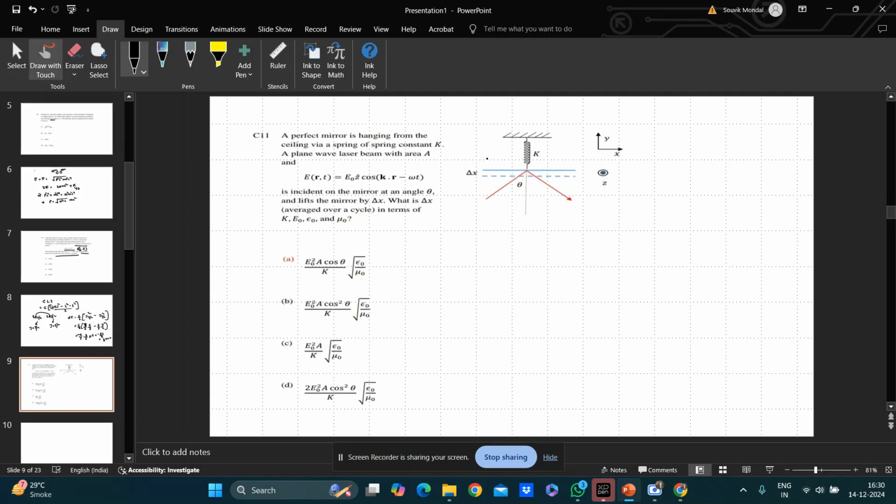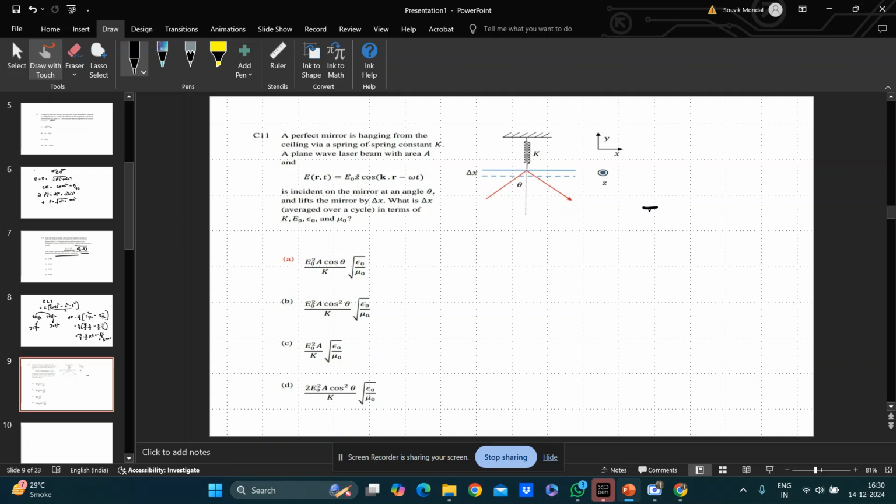Now this is question number 11. This question I don't have exactly matching with the solution, but I will tell you the concept. When radiation falls on this spring mass system and mirror, it will create some pressure. Radiation has some pressure.